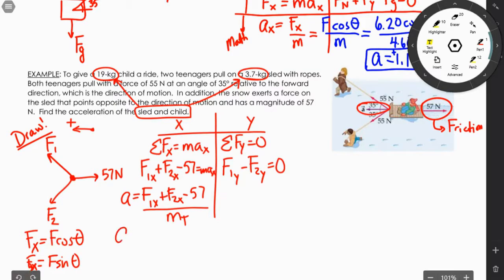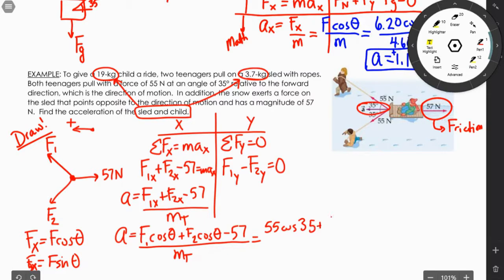Okay, and so now I'm just going to plug in F1 cosine theta plus F2 cosine theta minus 57 over total mass. Okay, so it's going to be 55 cosine 35 plus 55 cosine 35 minus 57 divided by 22.7, which is our total mass.